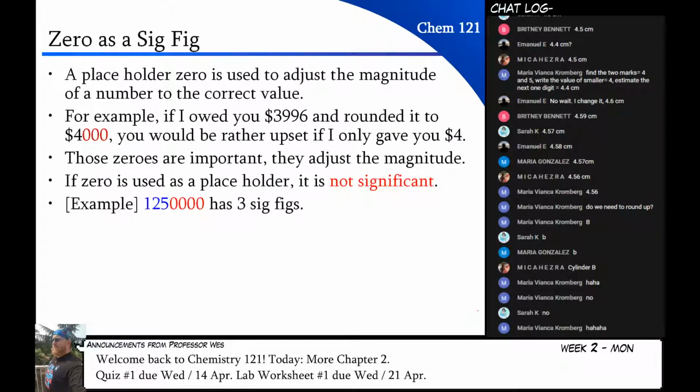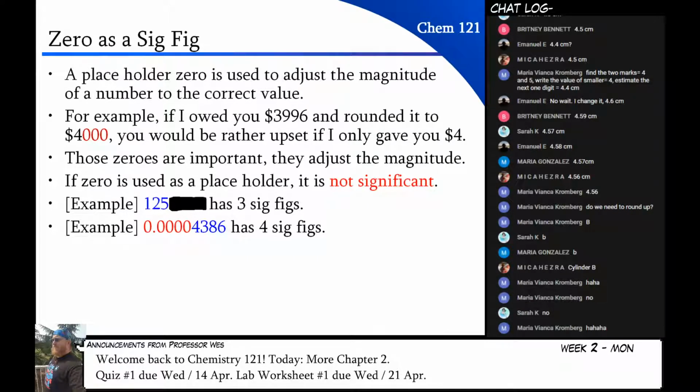Now, when you look at a bunch of numbers and ask yourself, are these placeholders? Am I putting these zeros down so that the magnitude of the number is correct? The easy way to do this is to take a pencil or a highlighter and just draw over all the zeros. Obviously, you can't really do this on paper, but if I do this, did I change the value of the number?